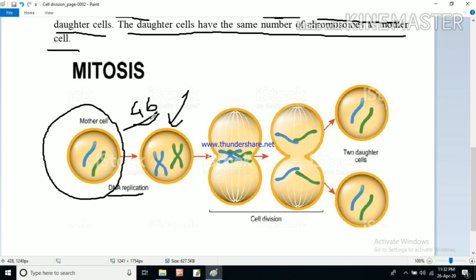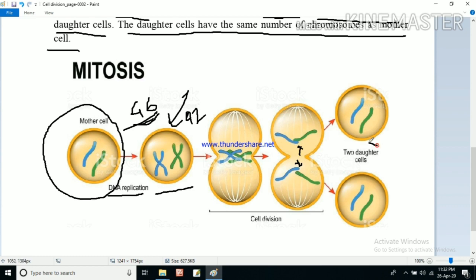Then the cell starts dividing, and ultimately the 92 will become separated, with 46 going to one side and 46 going to the other side.